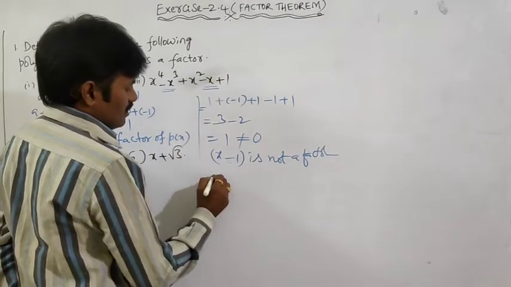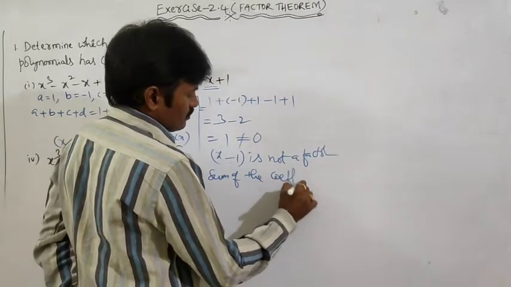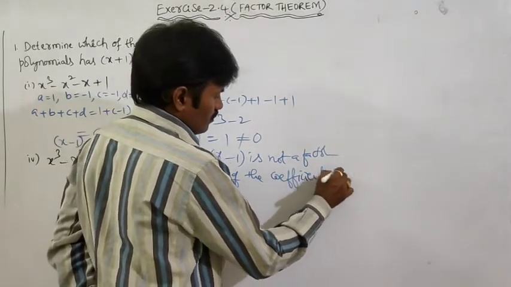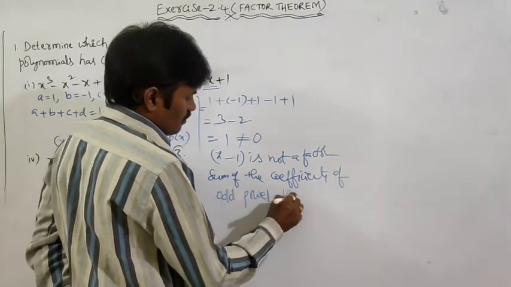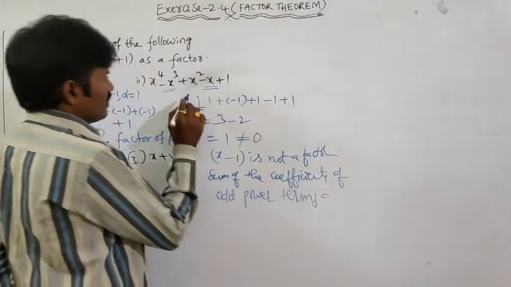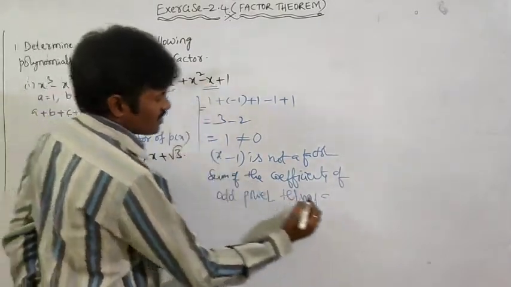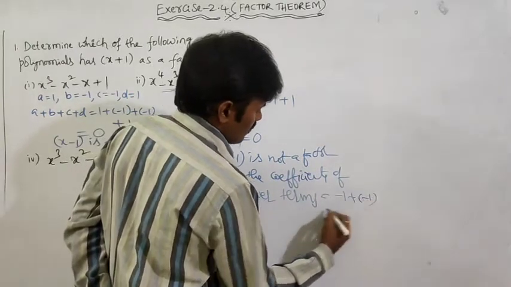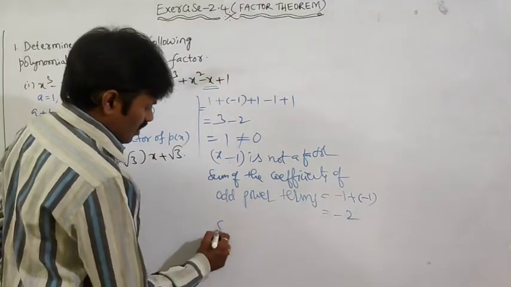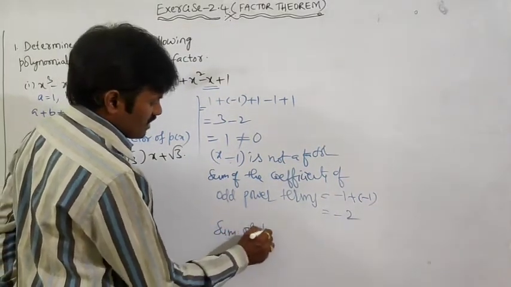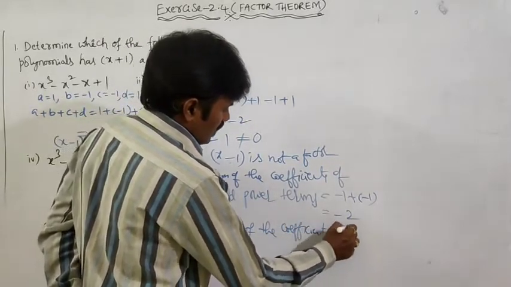The x cube coefficient is minus 1, and the x coefficient is minus 1. So minus 1 plus minus 1 gives us minus 2. Now take the sum of the coefficients of even power terms.